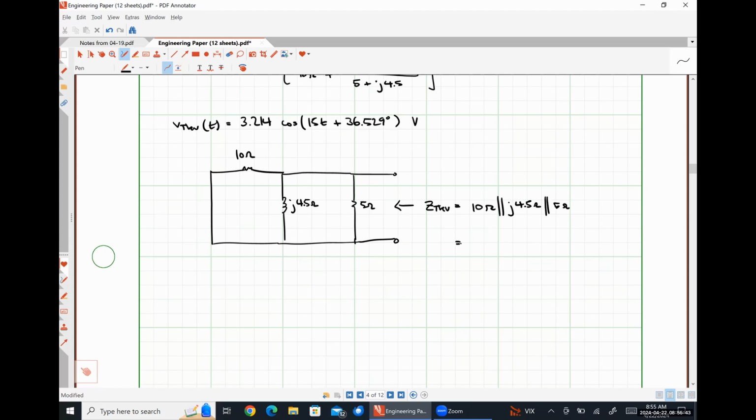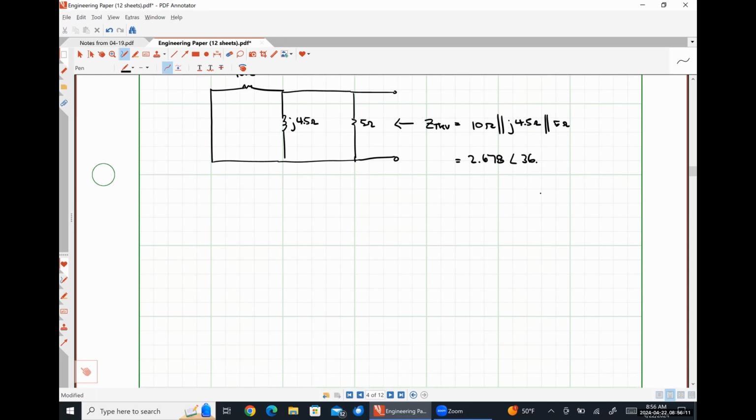So I'm going to throw that in my calculator. 1/10 plus 1/(4.5j) plus 1/5. Add those together, take the reciprocal of that whole thing. And I wind up getting 2.678 and some change with an angle of 36.529 degrees ohms.